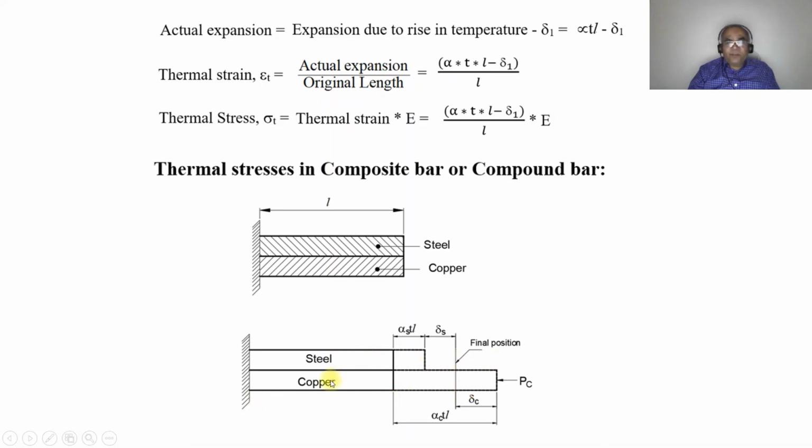The copper is free to expand up to here, but because of the rigid support, the copper bar will try to prevent extending beyond the final position. Thereby a compressive load, PC, will be developed, by the amount delta C.